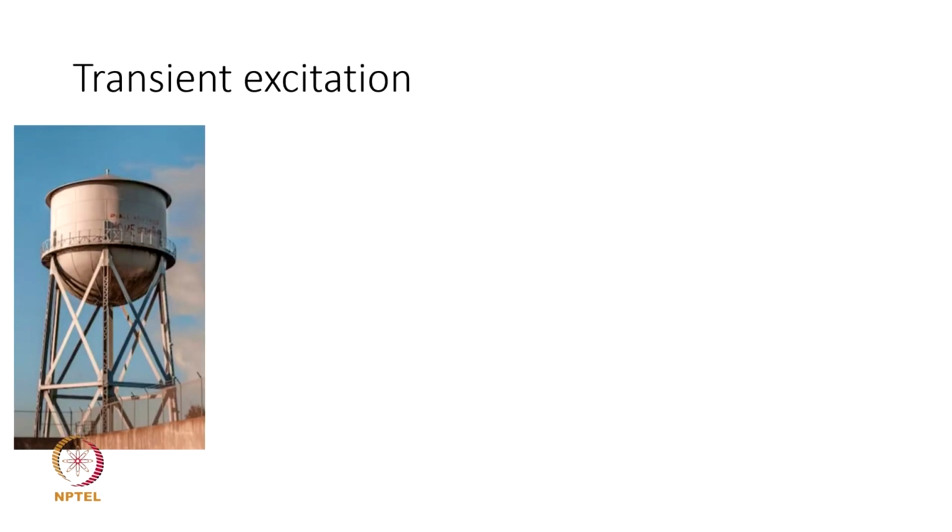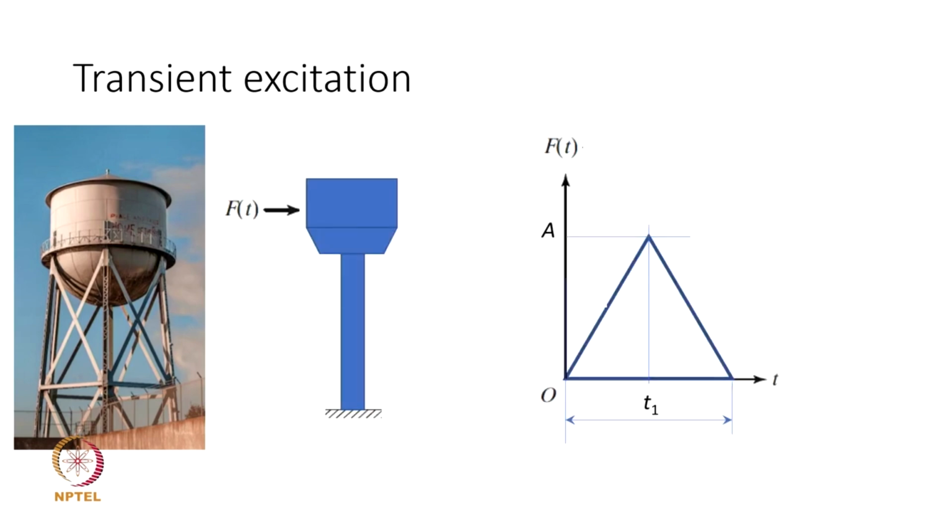Okay. So, we have seen an excitation which is a transient excitation, and how the total transient excitation function can be made up of multiple impulses acting one after the other. Now, let us take an actual example of how the response is obtained with this background, and what we are going to consider here is the case of an overhead tank which is modeled like a spring mass system.